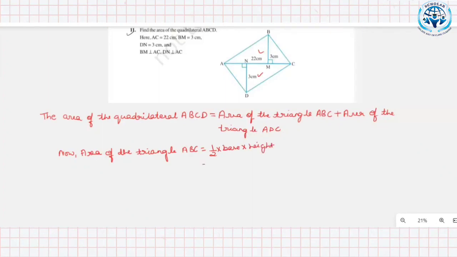Area of the triangle ABC, half into base into height. Base is 22, height is 3. 2 11s are 22, 11 into 3 is 33 centimeter square. Now area of the triangle ADC, base is again 22, height is 3. Area of the triangle ADC is also 33 centimeter square.